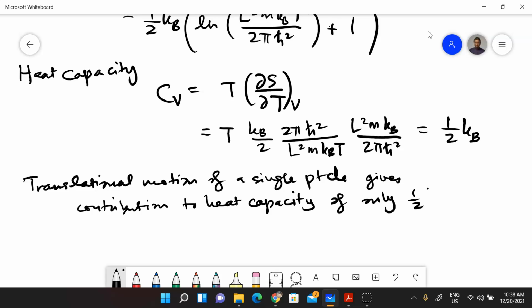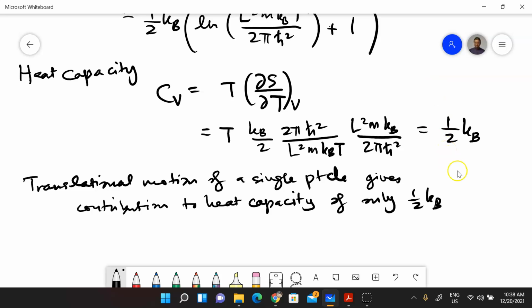And this we will try to relate to the average energy later on. Probably you can see that this is coming from the number of degrees of freedom multiplied by k_B T divided by 2.